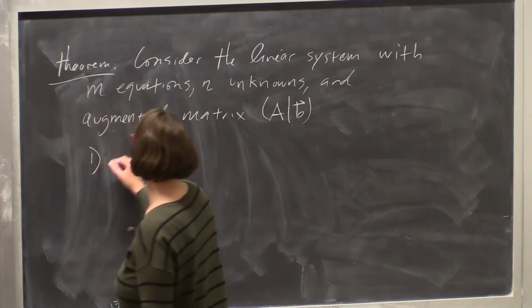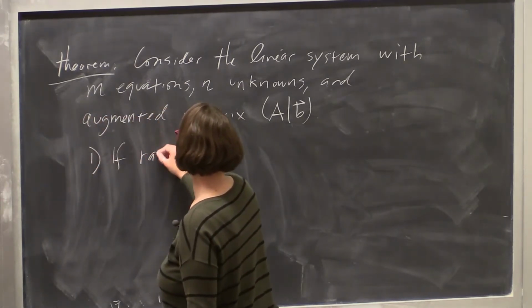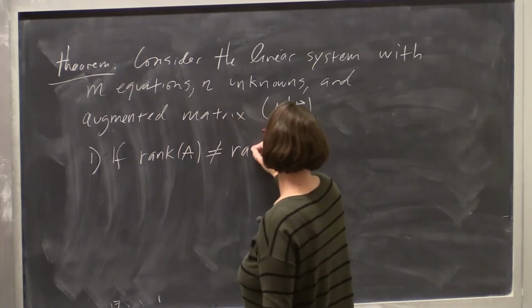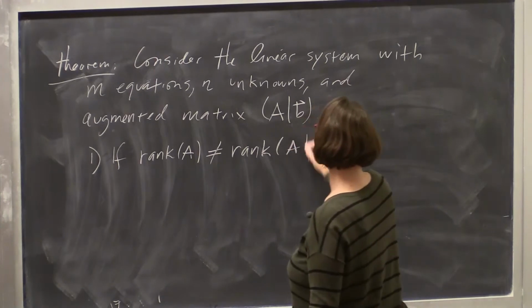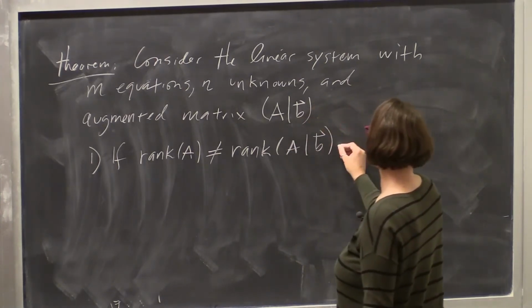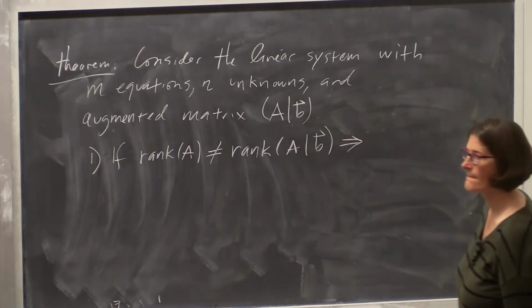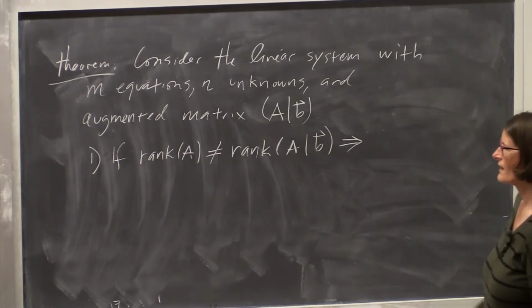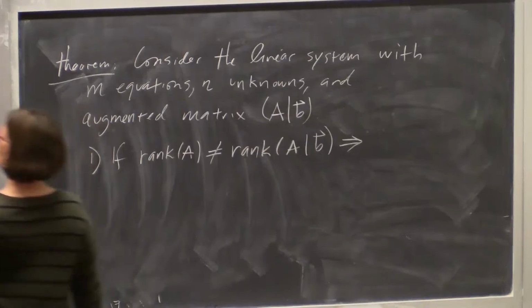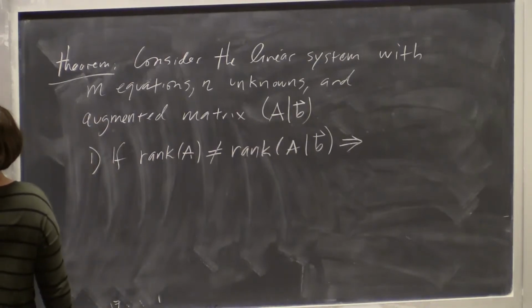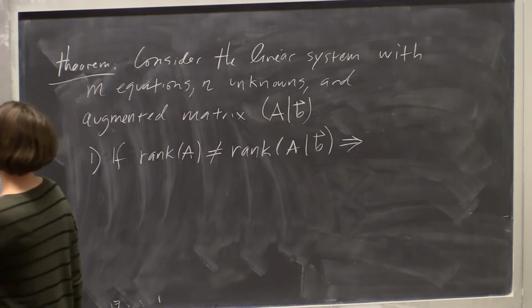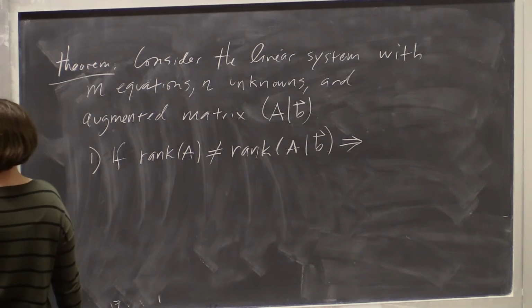So first of all, if rank A does not equal the rank of the augmented matrix, then what would it mean if the rank of this did not equal the rank of this? Something must have happened. What must have happened?